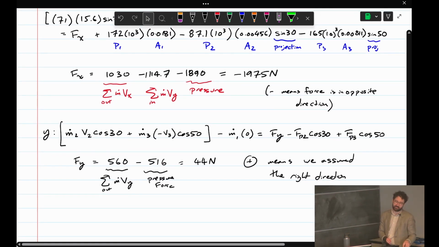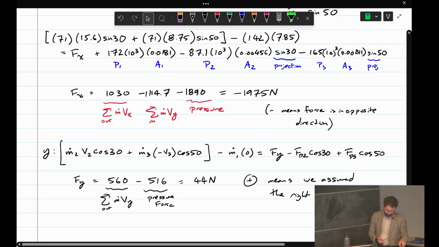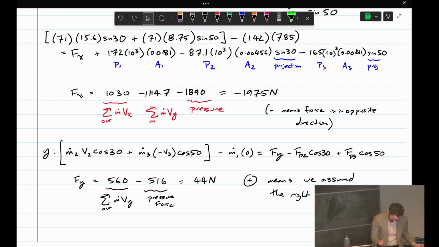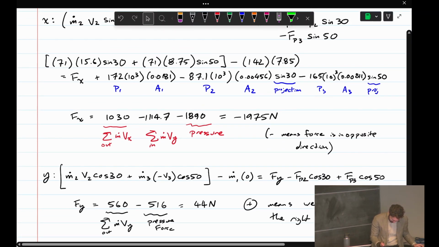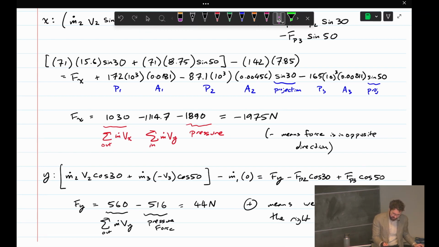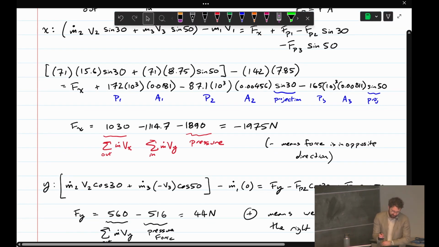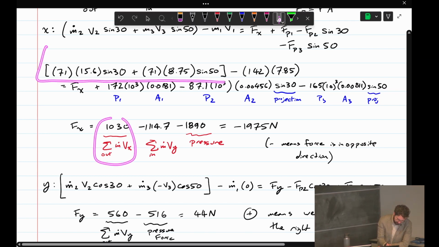So any questions on this? Where these signs come from? Okay, yeah, I'm just trying to show you the balance of the terms. So this first term is this.